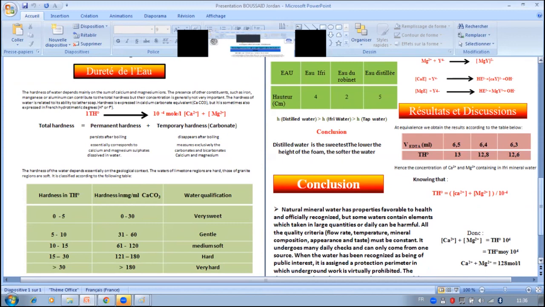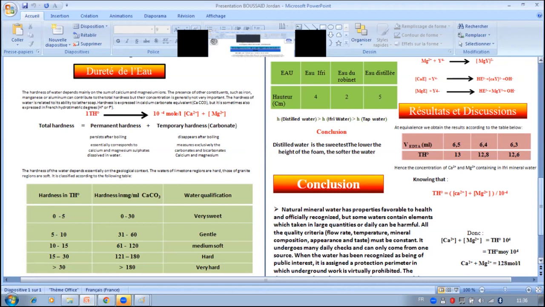The hardness of water is related to its ability to lather soap. Hardness is expressed in calcium carbonate equivalent, but it is sometimes also expressed in French hydrotimetric degrees.